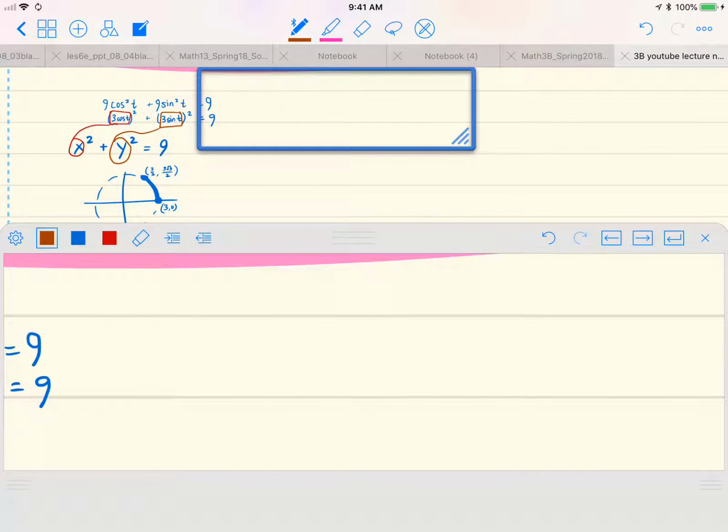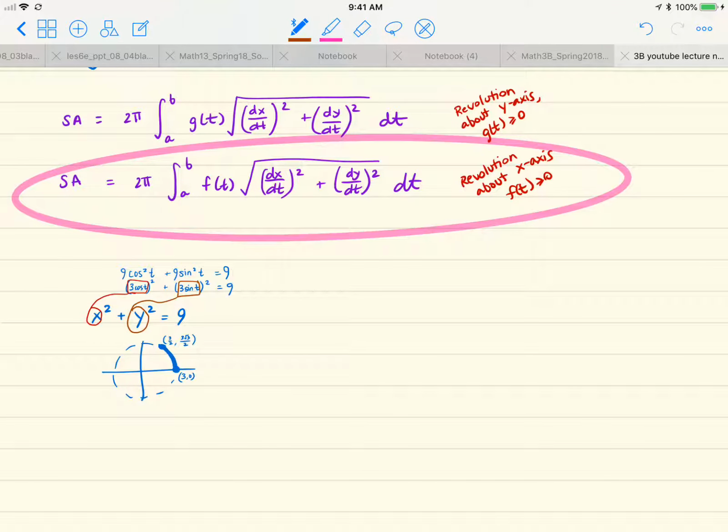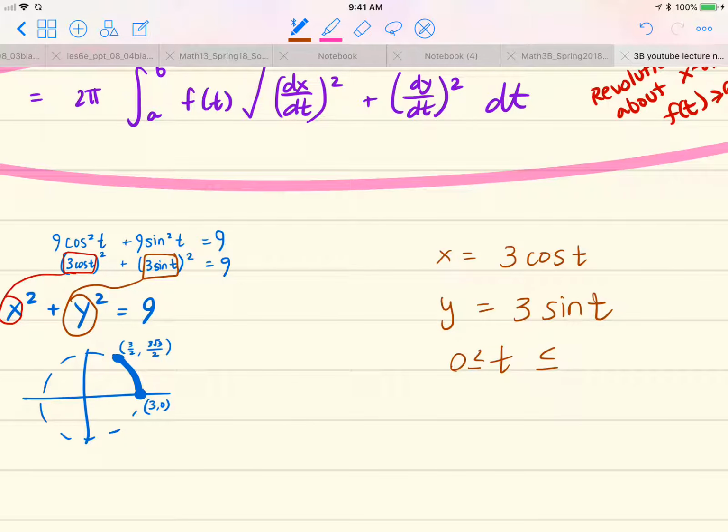Okay, so now we've got our formula: x equals 3 cosine t, y equals 3 sine t, and t is going to start at 0. And how do we figure out where t stops? Well, we need to know for what value of t is 3/2 equal to 3 cosine t.